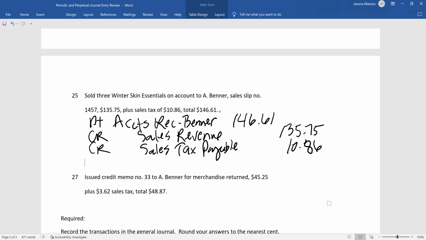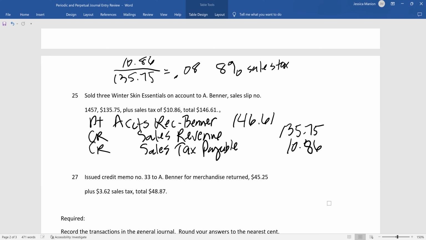I haven't plugged the numbers into my calculator to make sure, but I think that this represents sales tax of 8%. The way that we can double check that is if we take $10.86 divided by 135.75. Yeah, that's 8%. On our calculator, it shows 0.08, which we know is 8% sales tax.